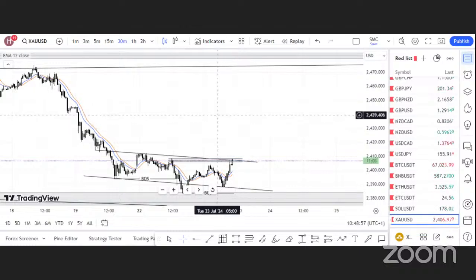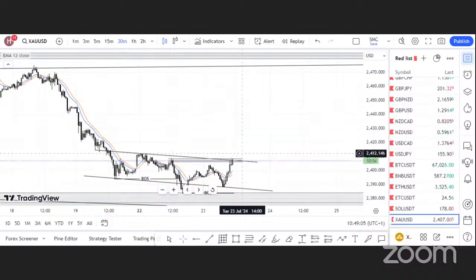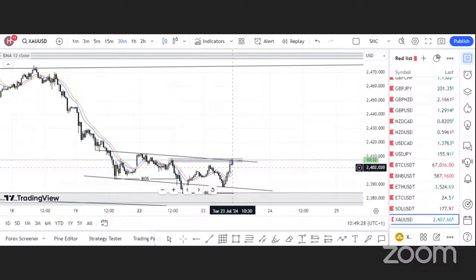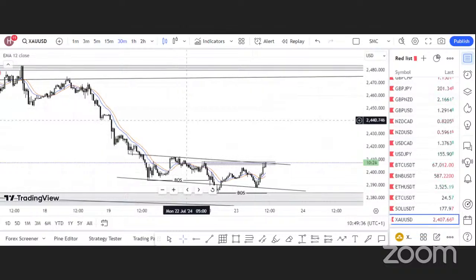So if the market goes above this level, all you need to do is wait for a retest. The market will always make a retest, which is also called a pullback. And once we have a valid pullback, the market will then continue to trend in the direction it was initially going. So, that is it for XAUUSD.